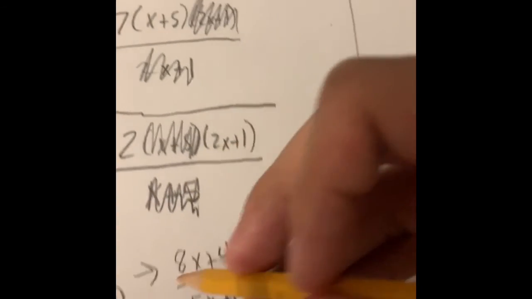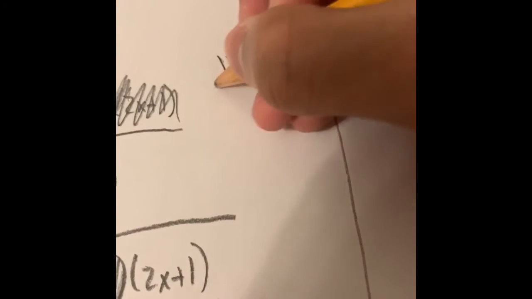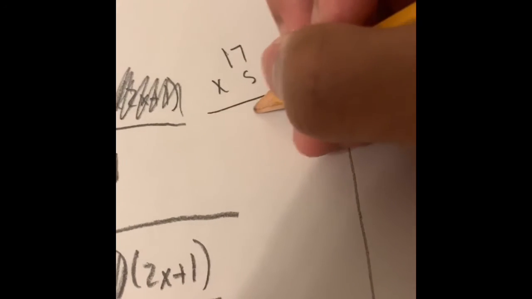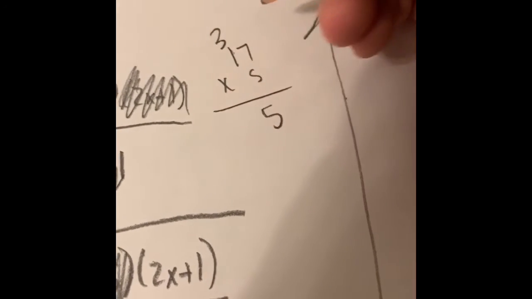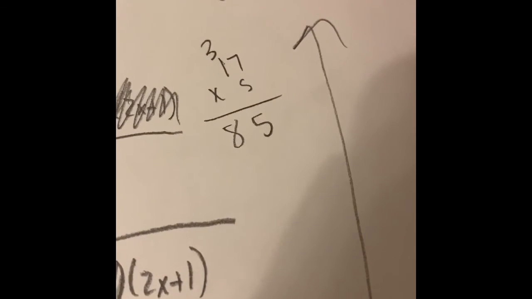And then that's equal to 15x plus 39 times 1, which is just 15x plus 39. Simplify this out. You have 45x plus 17 times 5. 17 times 5. Okay, I do not know that. 85 equals 15x plus 39.